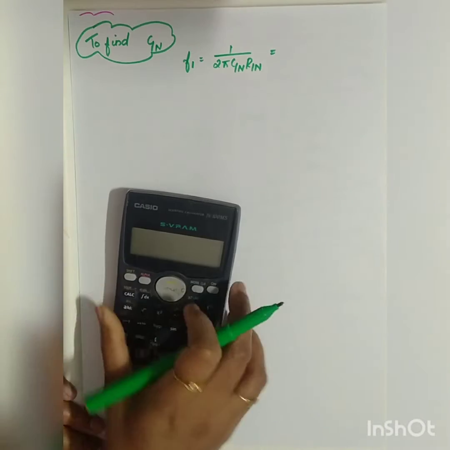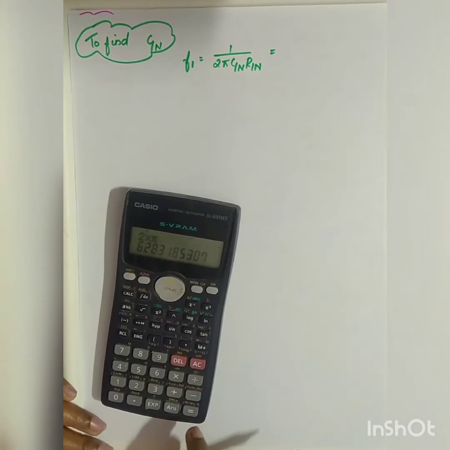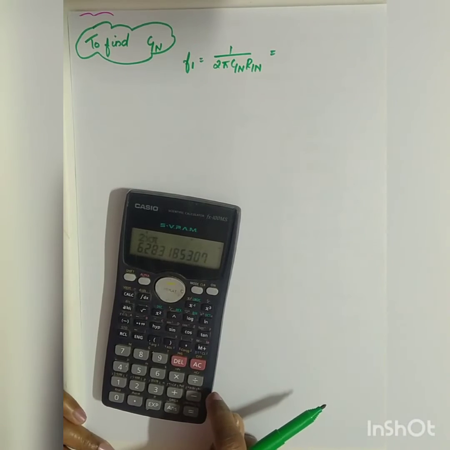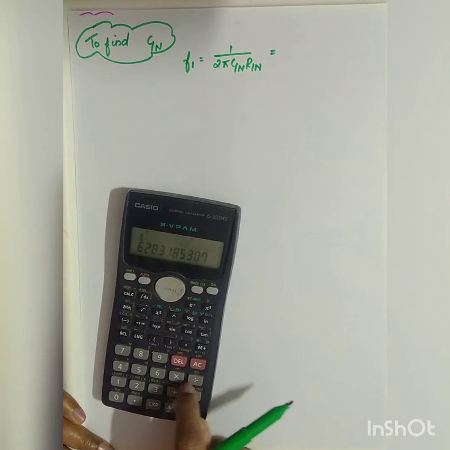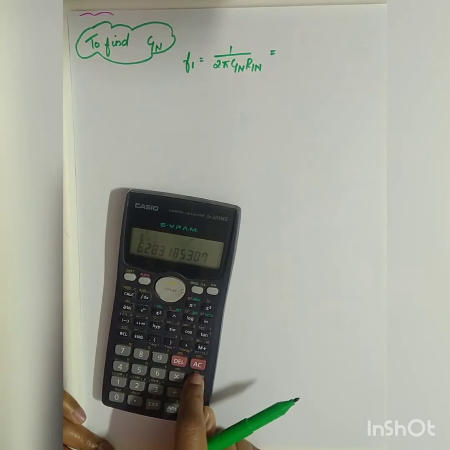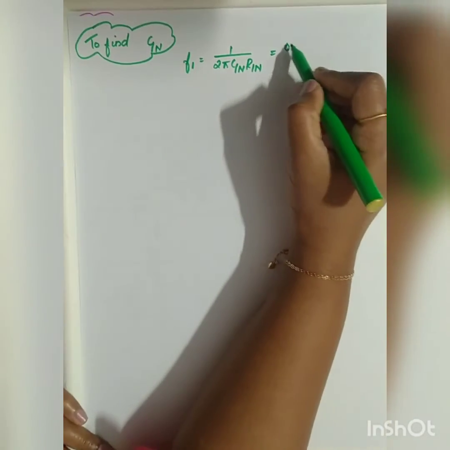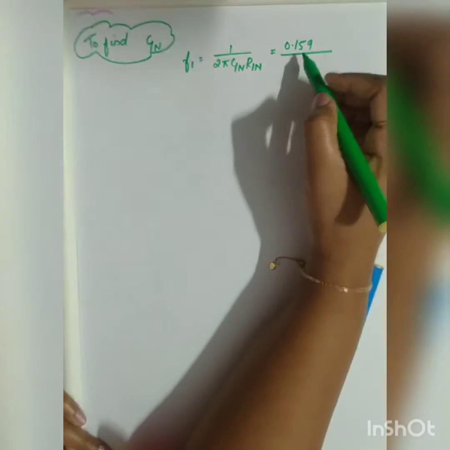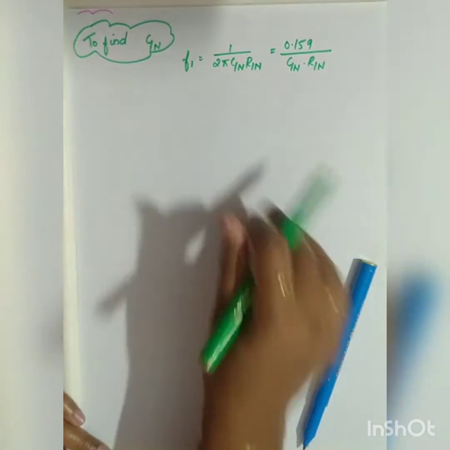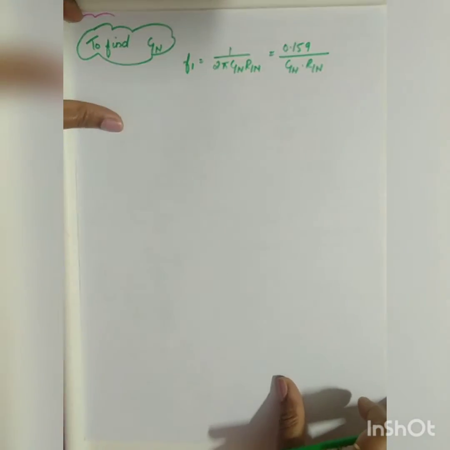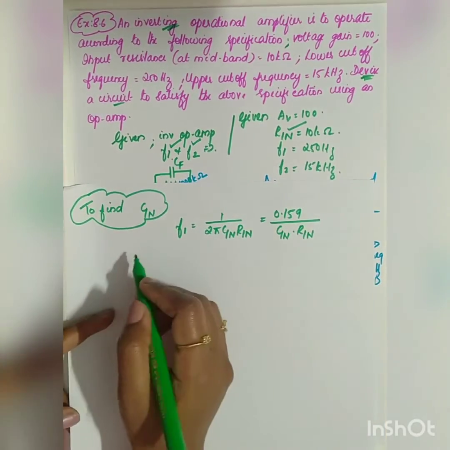What is the 1 by 2 pi value? 2 into pi, then 1 divided by the answer is 0.159. So 0.159 divided by Cin Rin. What is given in your question? Lower cutoff frequency F1 is given, F1 is equal to 250 Hertz.